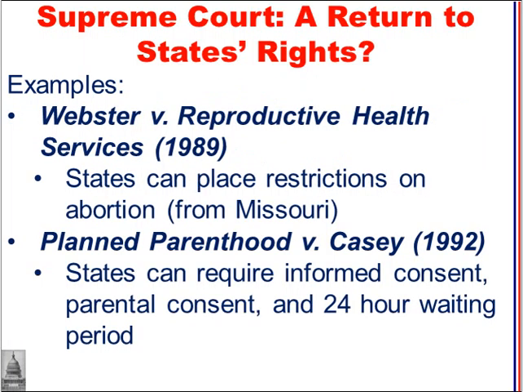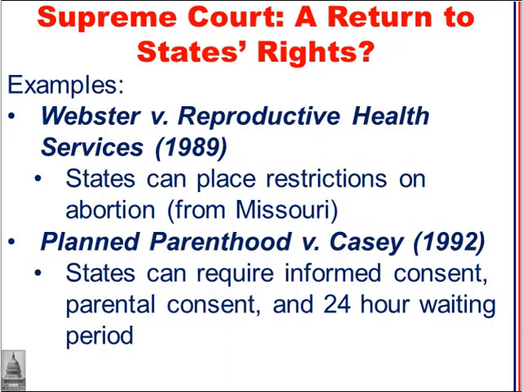Webster versus Reproductive Health Services in 1989 made the decision that states can place restrictions on abortion. It still upheld Roe versus Wade, that women have the right to an abortion, but this court case, Webster, allowed states to start placing restrictions on abortion. And the same with Planned Parenthood versus Casey.